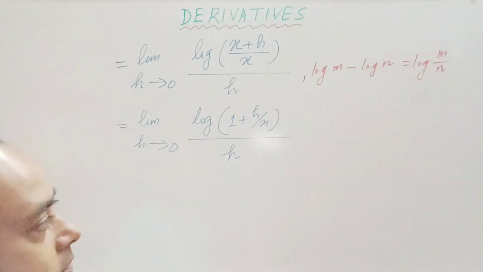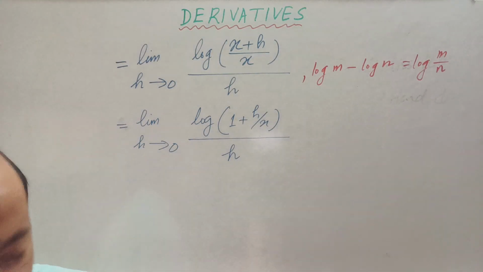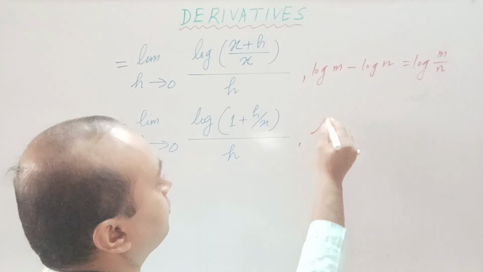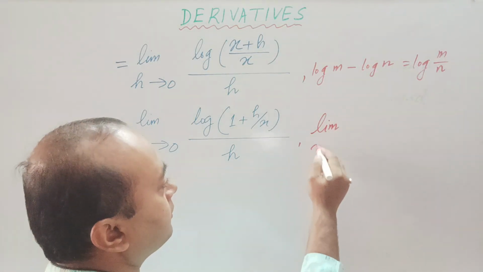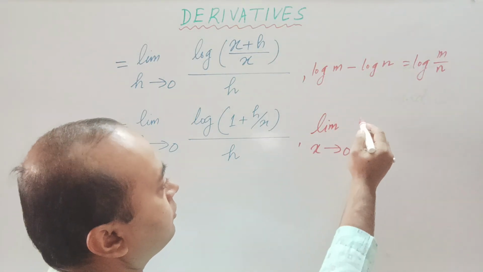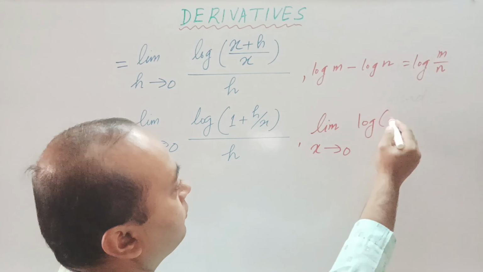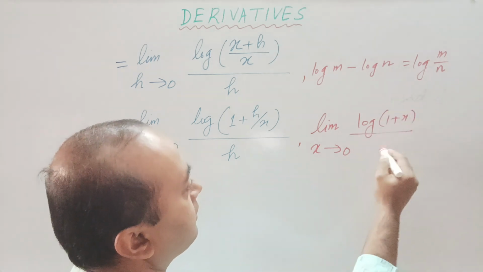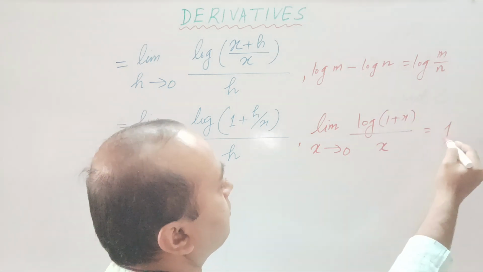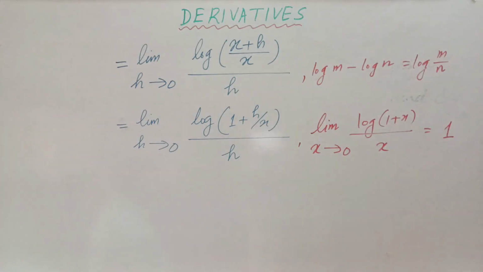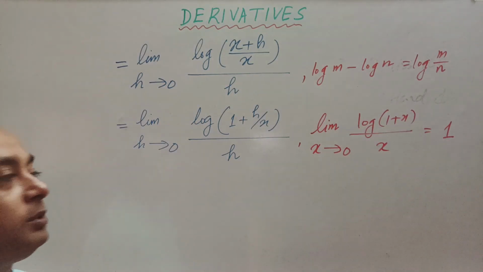So we know the logarithmic formula of limit goes like this: limit of x tends to 0, log of 1 plus x upon x equals 1. This is the formula of logarithm in case of limit.